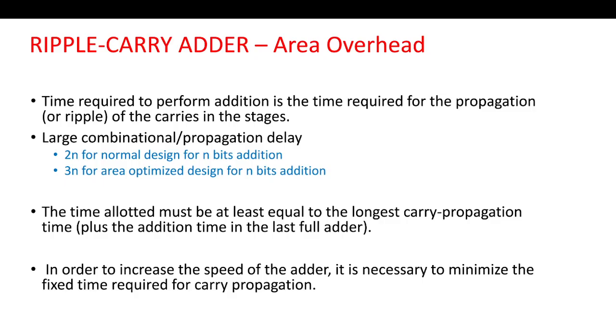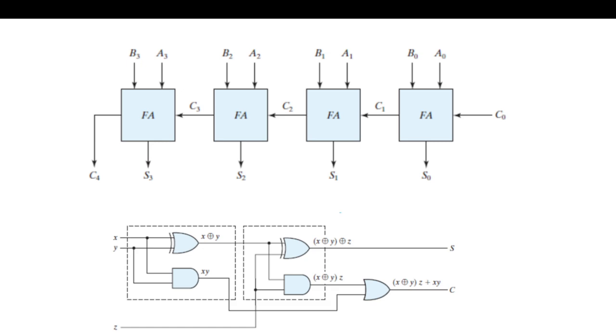So the time required for the addition is like this: this is one path and this is the other path. If you assume that each gate has 1 unit of delay, because each is a 2-input gate, we have 3 gate delays for one full adder, and the next full adder has to wait for this carry.